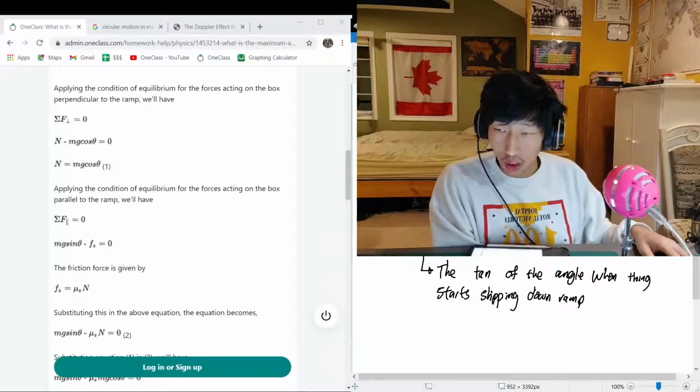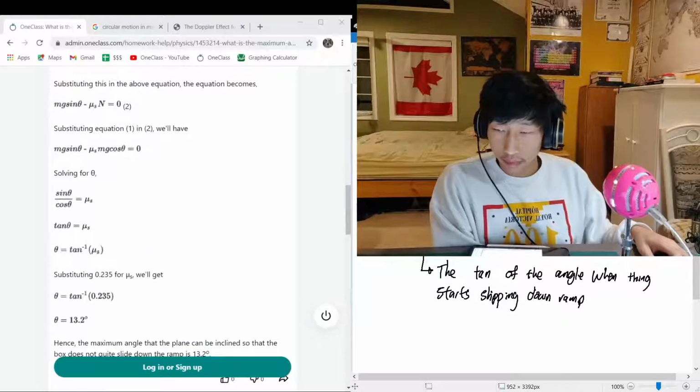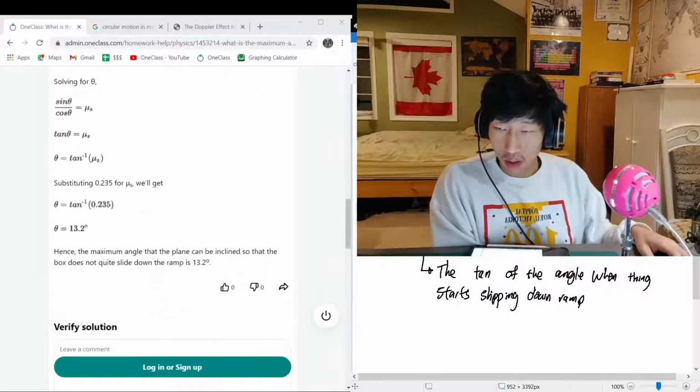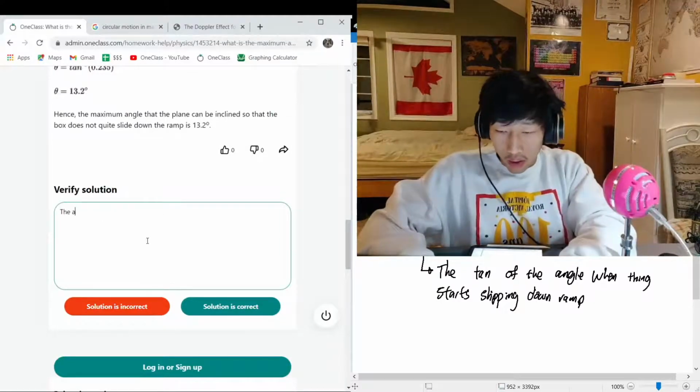Okay, things are looking pretty good. They came to 13.2 degrees, so the above solution is good.